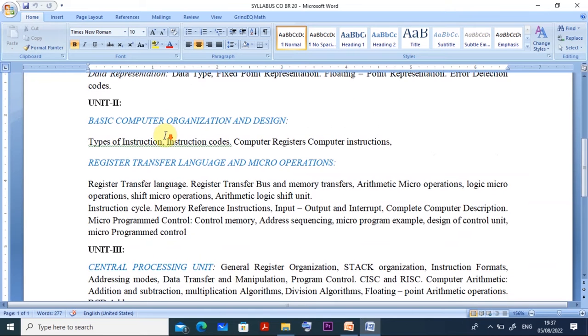In unit 2, we will have topics like basic computer organization and design, type of instructions, instruction codes, computer registers, computer instructions.